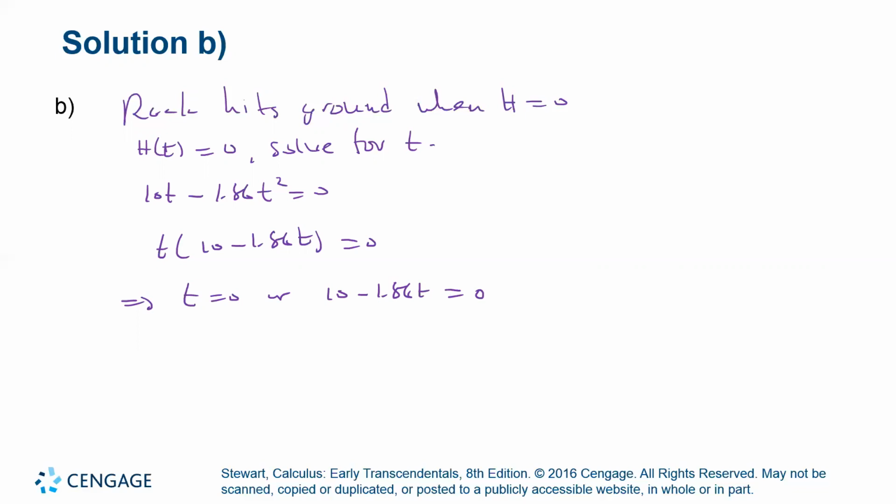That's the starting point. The other time is t equal to 10 divided by 1.86, which gives us 5.38 seconds. This is the time after it was thrown that it hits the ground again.